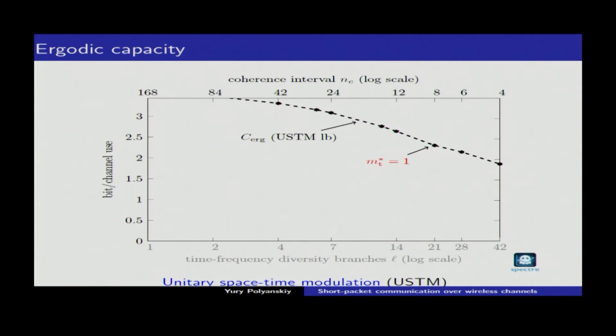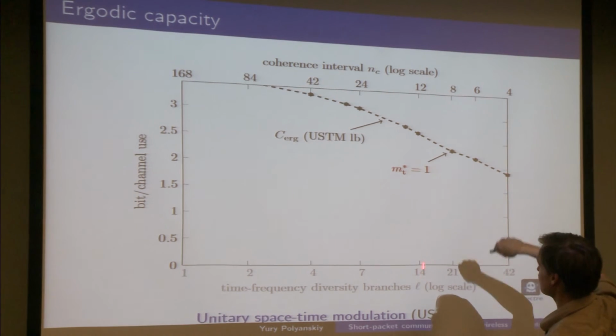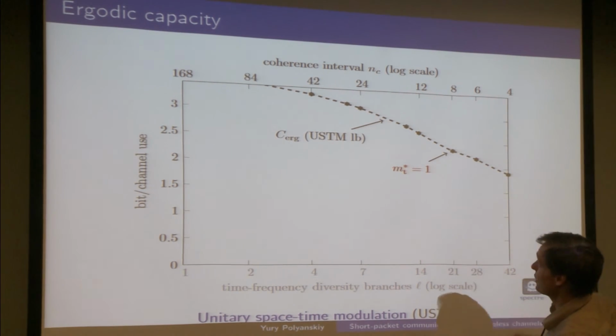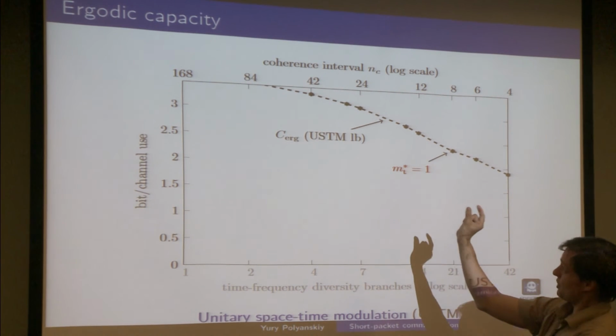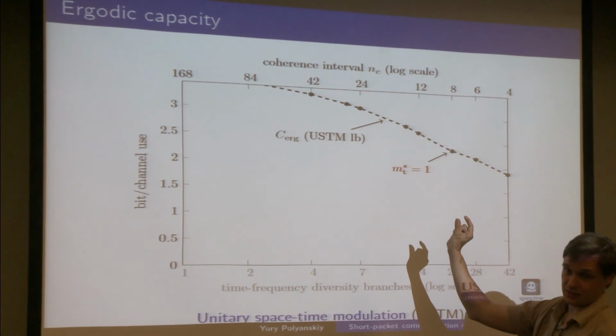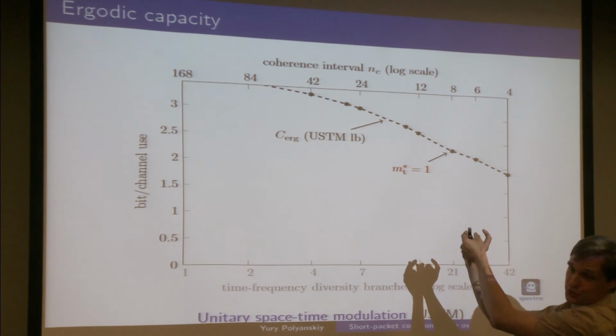Why does it decrease as the number of diversity branches increases? Remember that the product of the number of diversity branches and the coherence time is constant. So the ergodic capacity decreases because if the coherence time is very short, you have to learn the channel in some way.